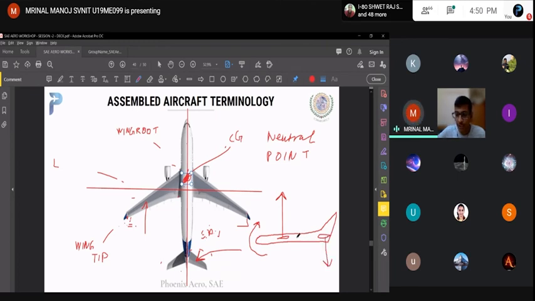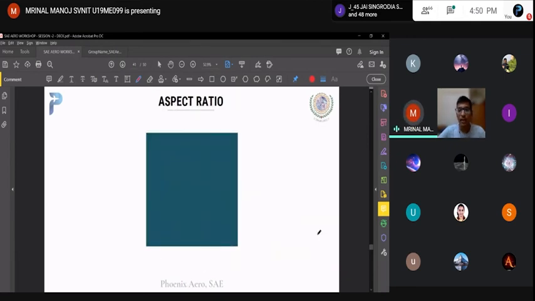Now there is a point where these two forces will pivot. The point where these two forces pivot is called your neutral point. So these are some of the most common terminologies that come up when discussing an entire aircraft. Now, moving on, aspect ratio.